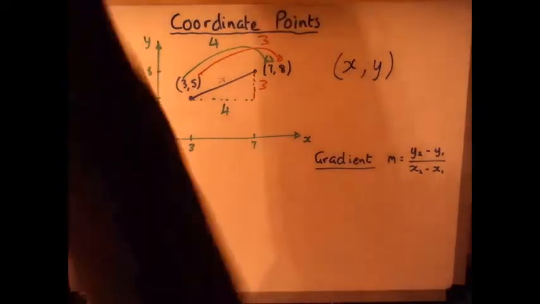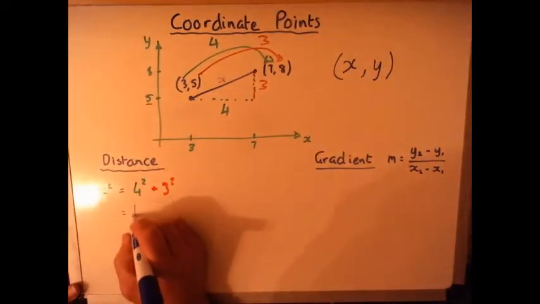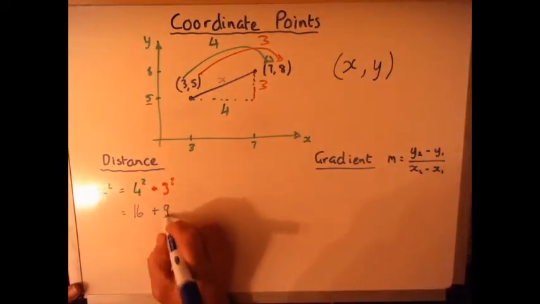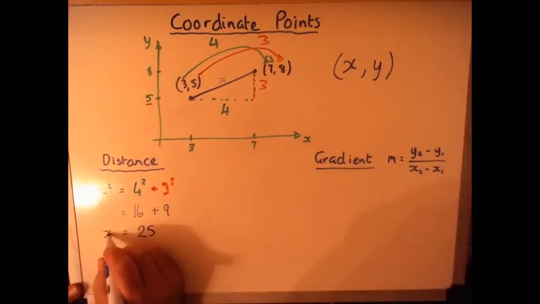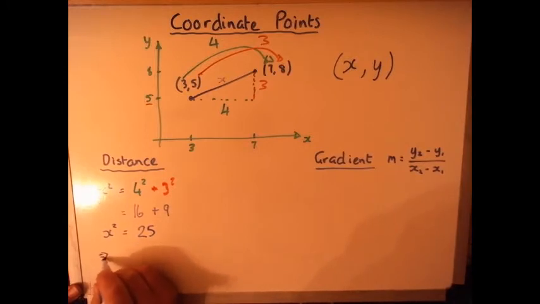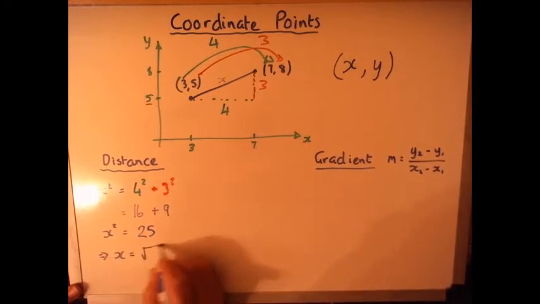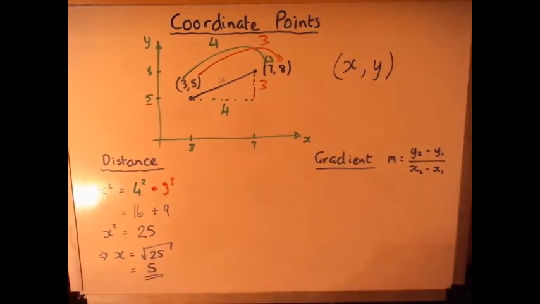Now I can just calculate this. I get 16 for 4 squared, 9 for 3 squared, add them together for 25, but that's x squared. I want x, so I'm going to square root 25, and I get an answer of 5. So that's how I find the distance.